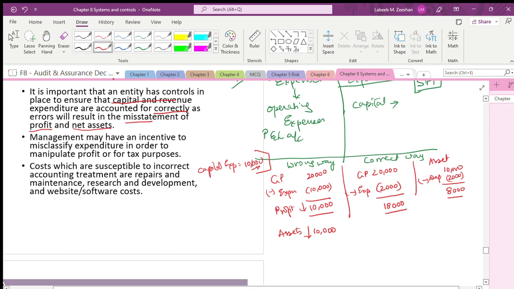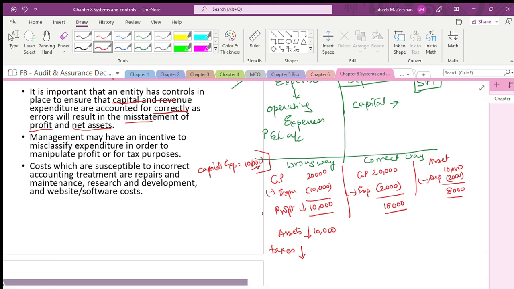Now I have explained the complete scenarios. Management may have an incentive to misclassify expenditure. If your profits are decreasing, definitely the taxes will also decrease, in order to manipulate profit or for tax purposes.